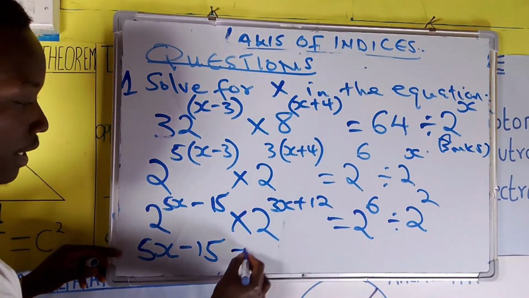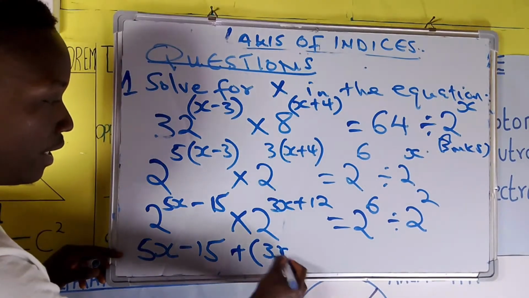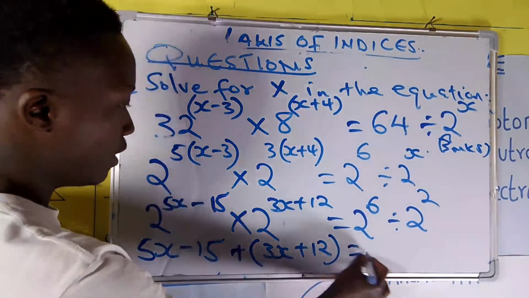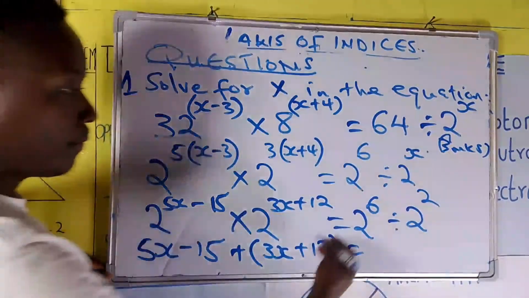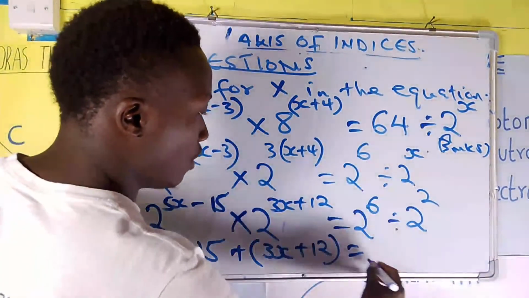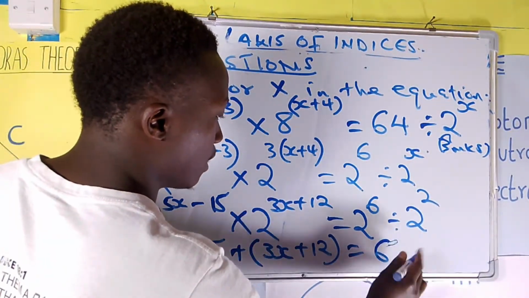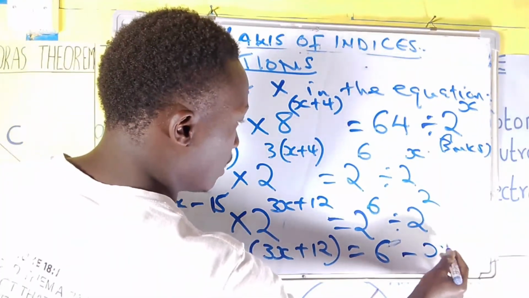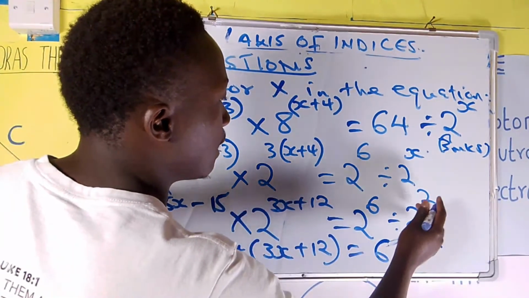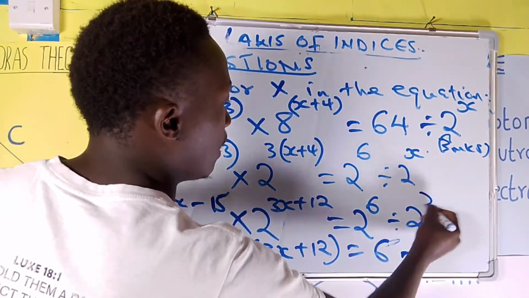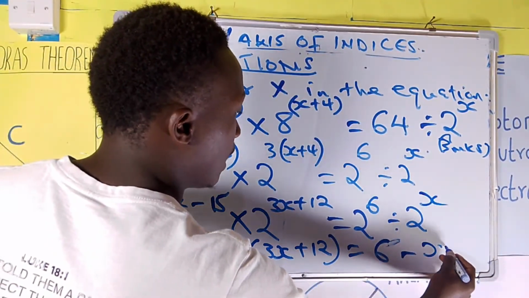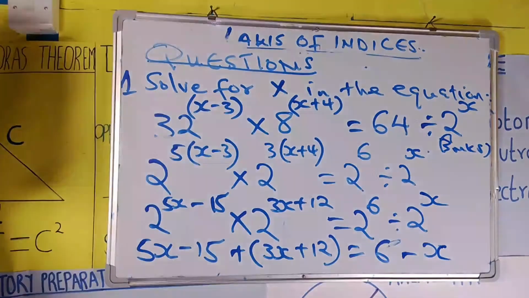Because we are multiplying here, we will add 3x plus 12 is equal to, here we drop 2 and we will be left with 6 minus x.